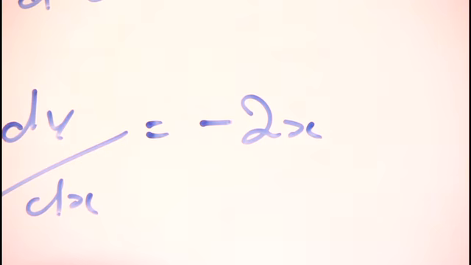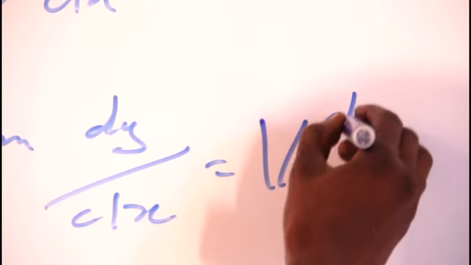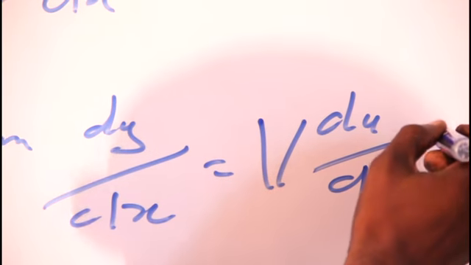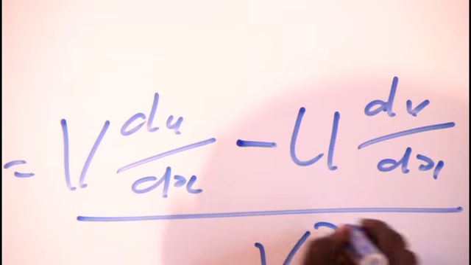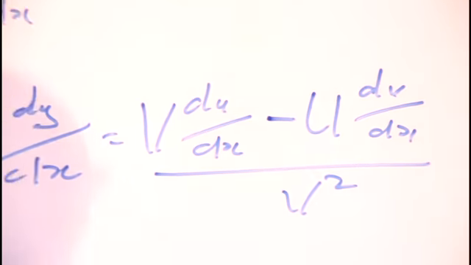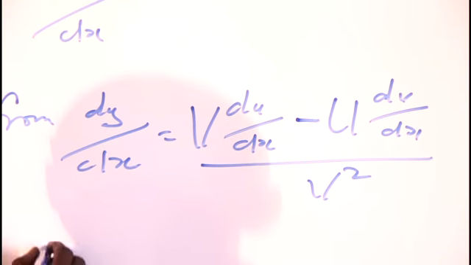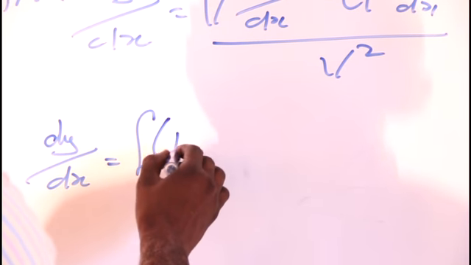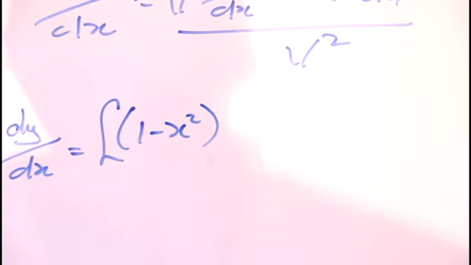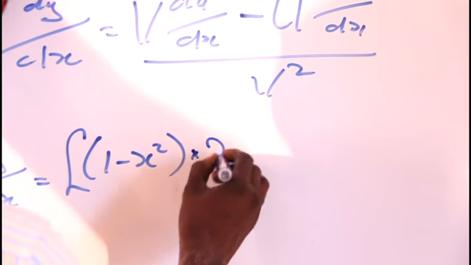Then we say, okay, from dy over dx being equal to v du over dx minus u dv over dx all over v squared, what we need to do now is just to substitute into the derived formula. Now look at the way I will substitute it. I will have my dy over dx equal to, so I will have a parenthesis. What is my v? My v is 1 minus x squared, then times my du over dx, which is 2x.